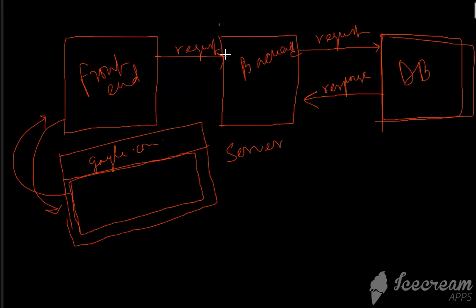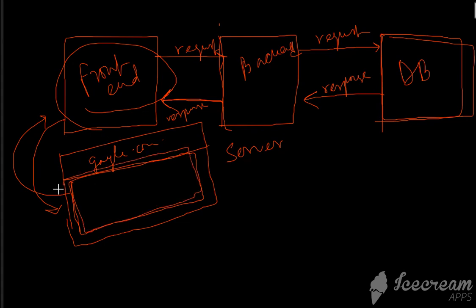Using the data, the server processes your request and sends a response to the front end, and the front end technology loads that page in the web browser with a nice view. So this is how a web application works.